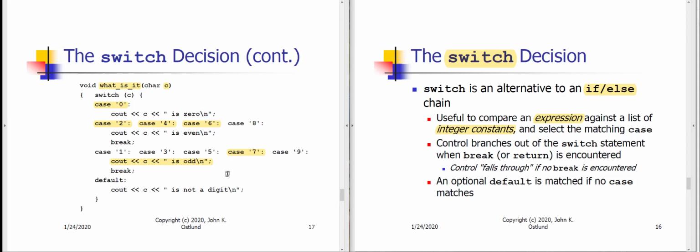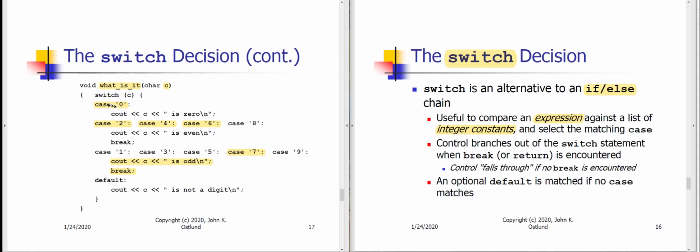The way we get out of a switch is in one of two ways. Either we just fall off the curly brace at the bottom of the switch, or if we're in the middle of a switch somewhere, it's more common to have what's called a break statement. And the break statement immediately jumps out past the closing curly brace at the bottom of the switch.